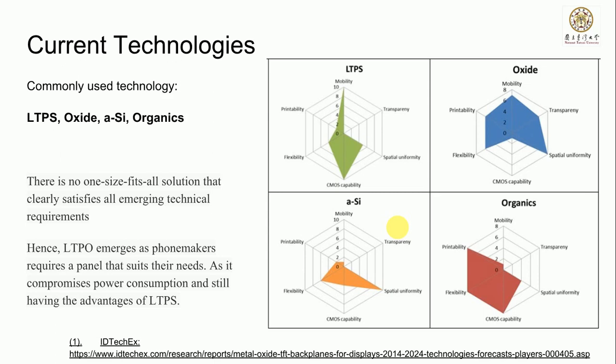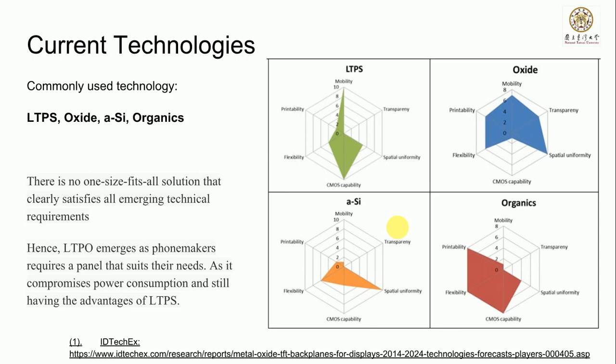Now, my teammate Hao Tian will explain about current technologies. Thanks, Mohana, for the brief introduction. In the current industry, there are several technologies applied, and the commonly used ones are LTPS, oxide such as IGZO, and amorphous silicon, and organic materials such as OLED.